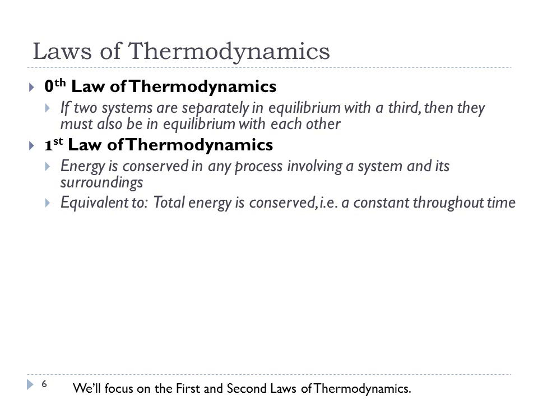The modern statement of the first law of thermodynamics says that energy is conserved in any process involving a system and its surroundings, which is equivalent to saying the total energy of the universe is conserved and a constant throughout time.